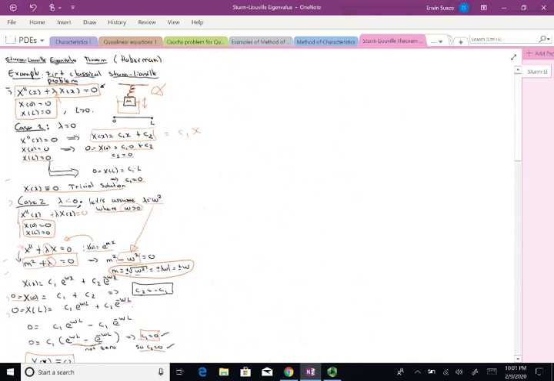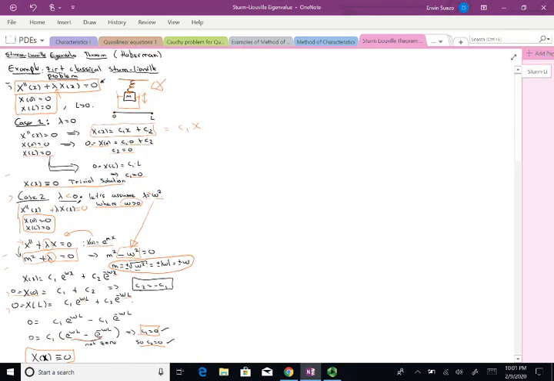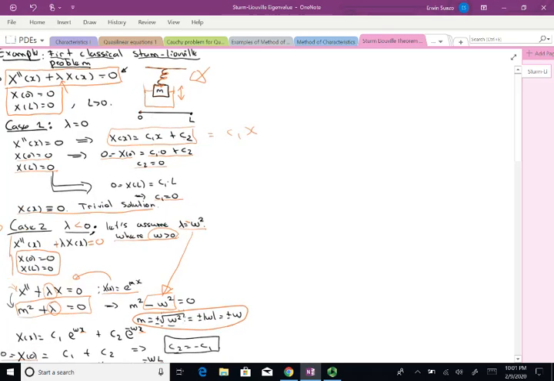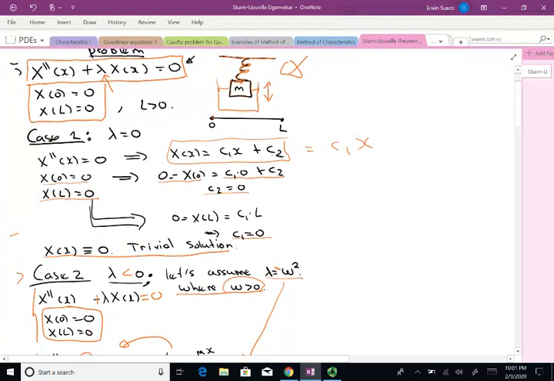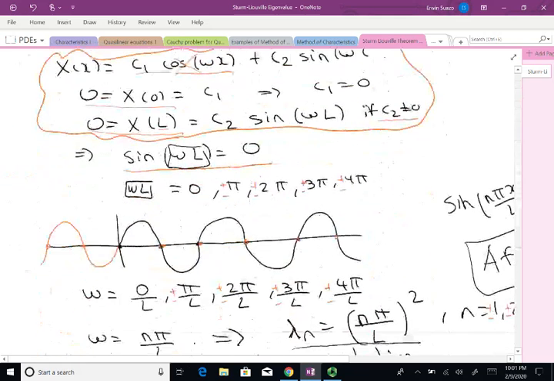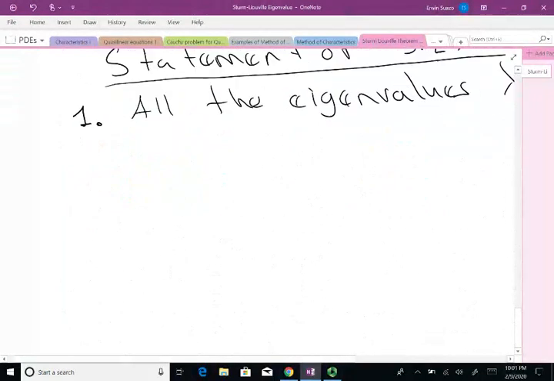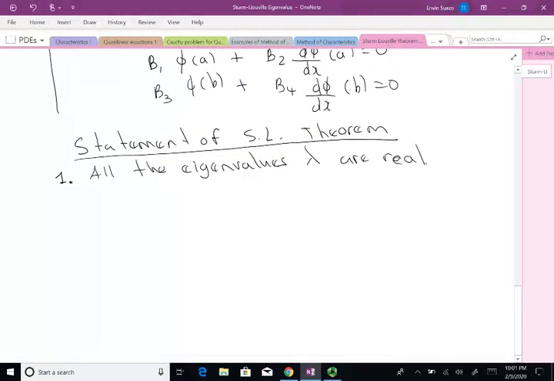An important observation here is that this problem is indeed a linear algebra problem, because as we already said, we are finding eigenvalues and eigenfunctions. So it's saying all your eigenvalues are real. Why is this important?